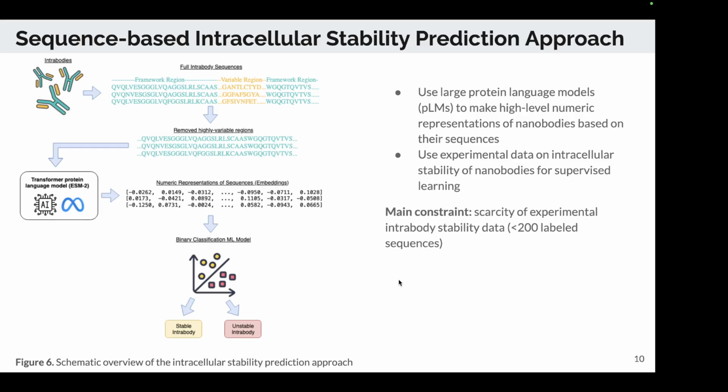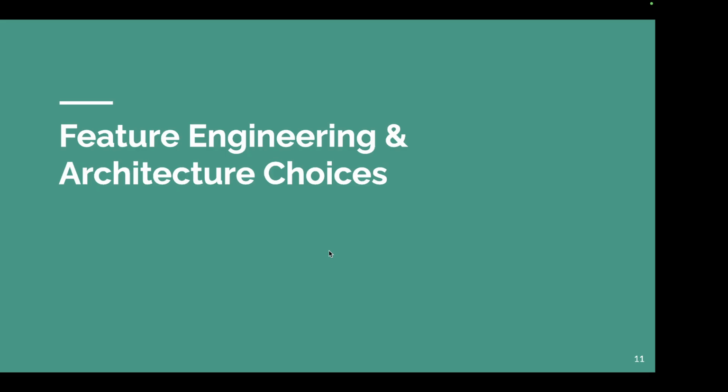It's a supervised learning problem, and to construct a dataset, I went through tens of research articles, and the main constraint that we faced is the scarcity of experimental data. I was able to find less than 200 labeled sequences for this task.